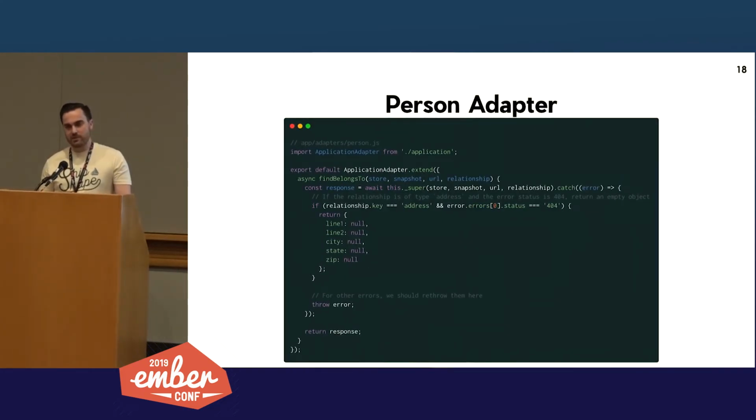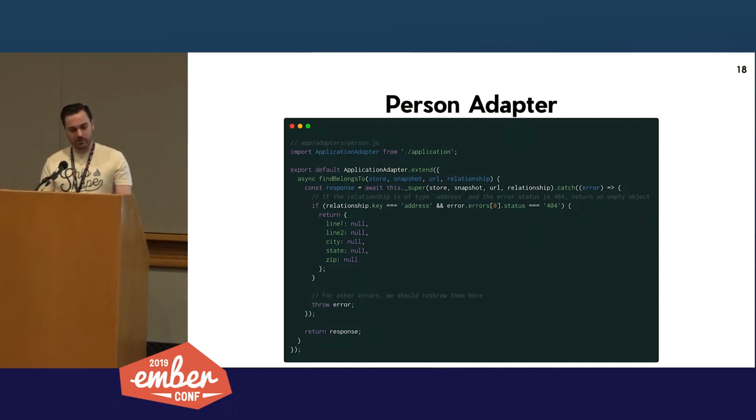But then the magic happens in the person adapter. You have this findBelongsTo hook here, and we're just doing the base findBelongsTo functionality first with super, and then saying if that has an error, we want to catch it. So we're going to check if the relationship key was address, make sure it's the one we actually want to handle, and that the status was 404.